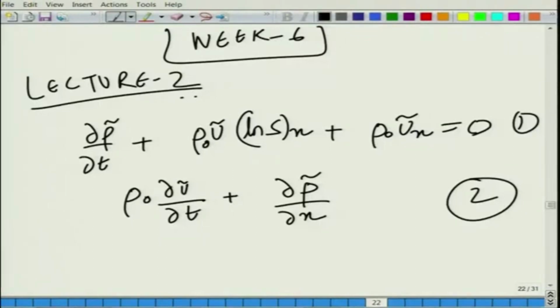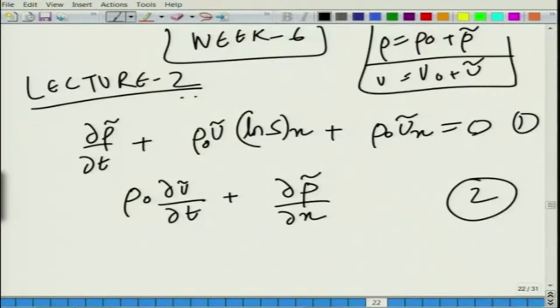It is basically the same thing that we have been talking about so far in this course, linearization. In addition, the total pressure P is equal to P naught plus P tilde.